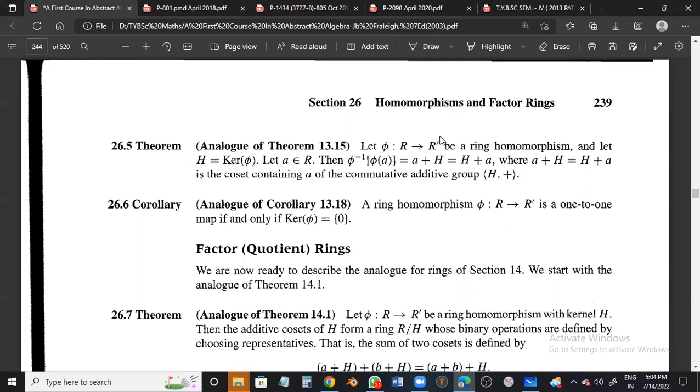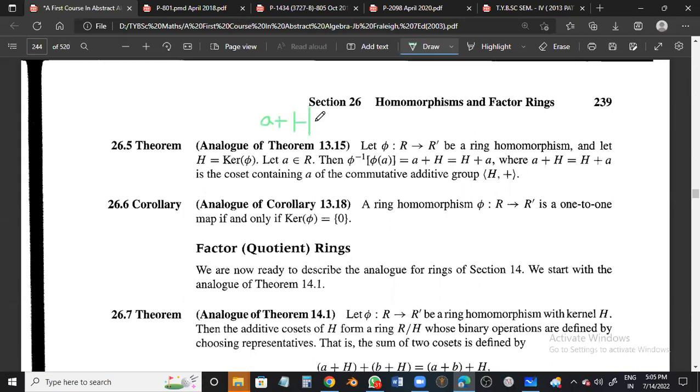So do you remember what is coset? What is coset? Yes, ma'am. If you have an element A and you are adding A plus H, what does this mean?